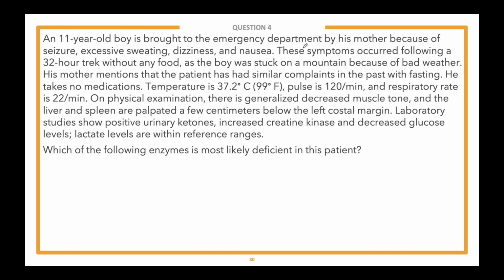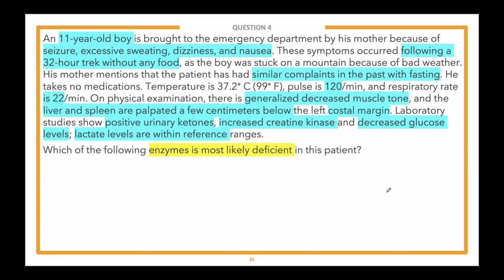So a lot of information in this vignette. So there's going to be some important clues here, and we're going to have to make note of them. So demographics, this is a pediatric patient, 11-year-old boy, and he's got some interesting seizures that started 32 hours after exercising without food. And this has happened before, especially with fasting. We also have a couple abnormal vital signs, a little bit of elevated heart rate.